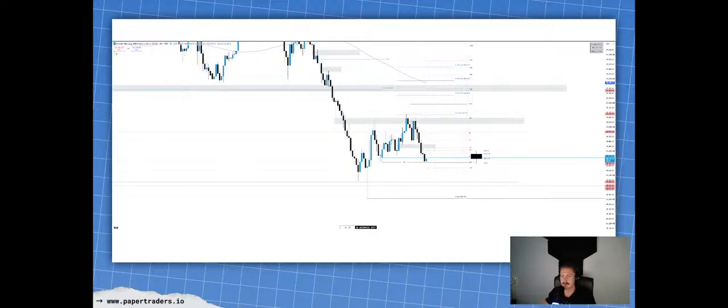Price tapped into the 4 hour FVG and rejected back to the downside here, giving us that continuation to the downside.